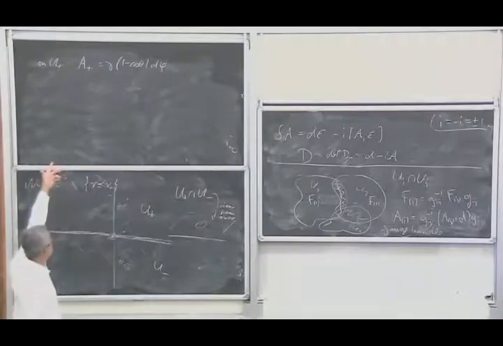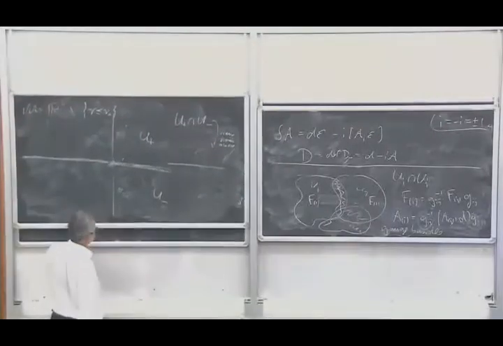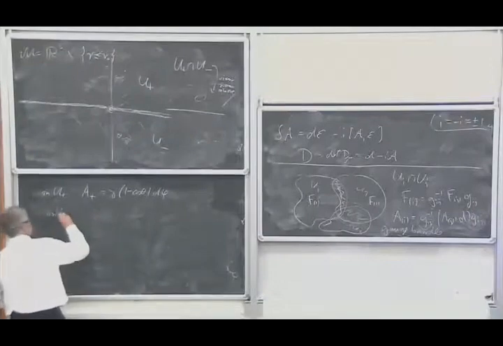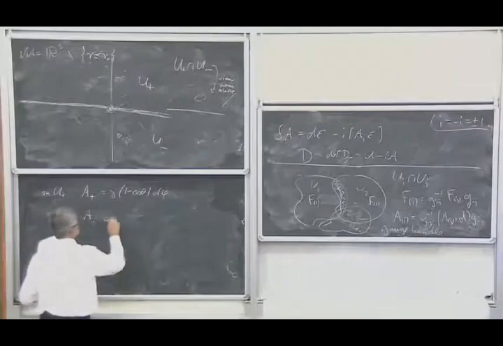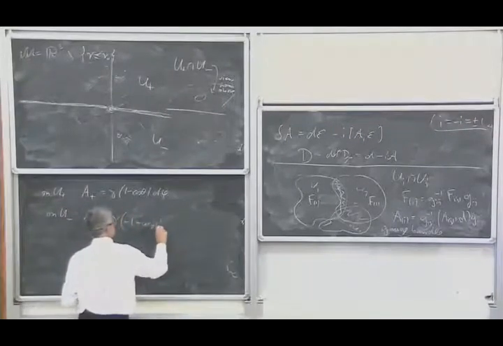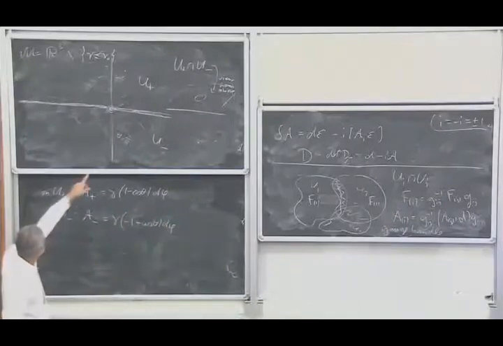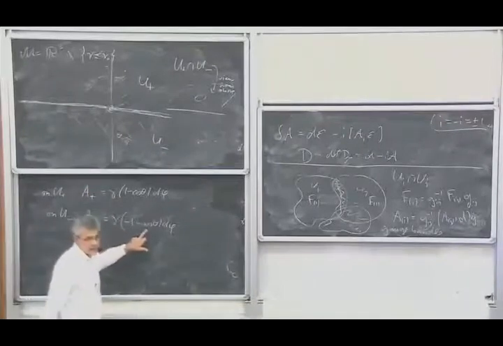But I only define A plus on the upper half, and similarly on the lower half I'm going to define some A minus as gamma (minus 1 minus cosine theta) d phi. So on the lower half, where the z-axis corresponds to theta equals pi, minus 1 minus cosine theta vanishes, and this is again well defined.